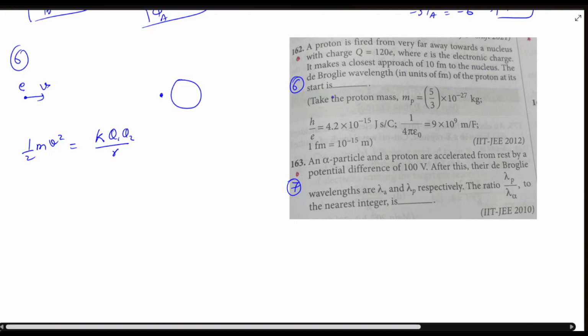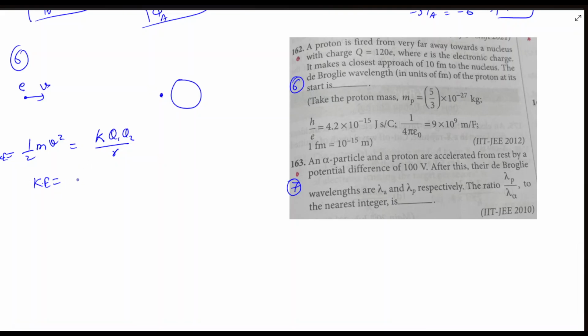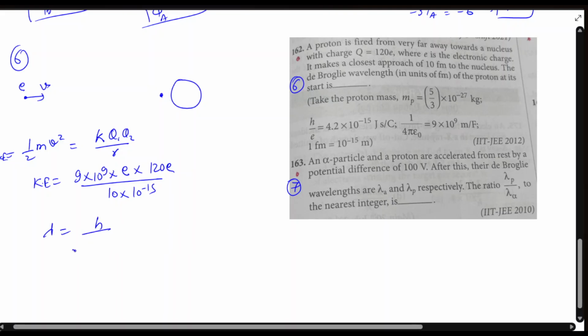The de Broglie wavelength we have to find. So let's just find the kinetic energy. KE we can write as K, 9 into 10 raised to power 9, Q1 is e and Q2 is 120 e, divided by R, which is 10 into 10 raised to power minus 15 Fermi. Okay, so let's just not calculate this. Let's directly find the lambda. So lambda will be h upon root 2mK.